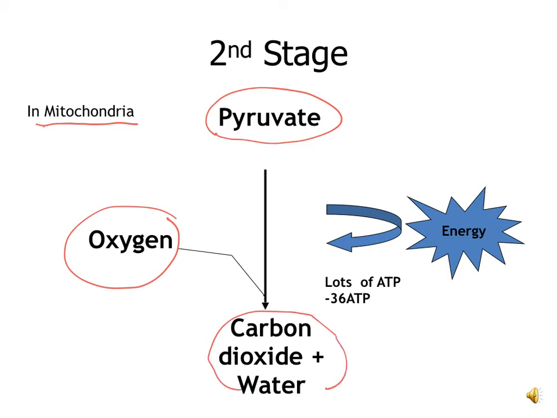And at the end of the stage, there are a large number of ATP molecules that are produced. You used to have to know, and sometimes you might see this in past paper questions, how many ATP molecules are produced. There's actually 36 ATP, but you don't need to know that information any longer for your exam.